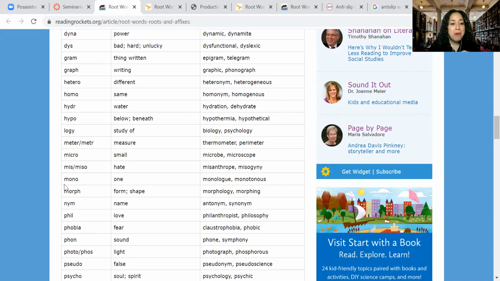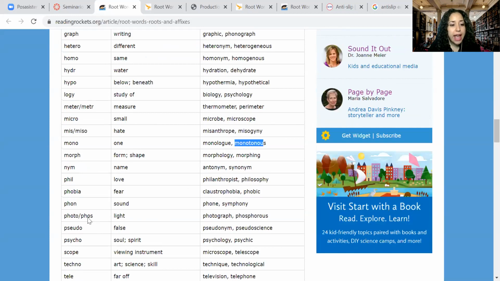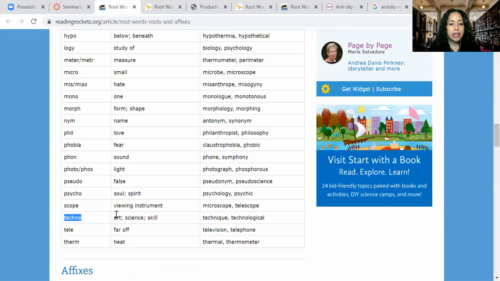Mono, who doesn't know that root? Mono means one, like monologue, monotonous, etc. Techno, it means art, science, skill. So you have examples like technique, technological.